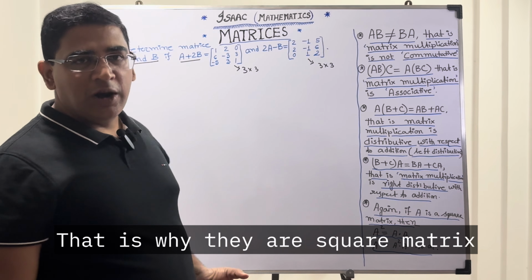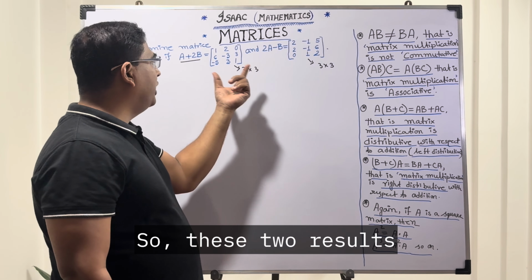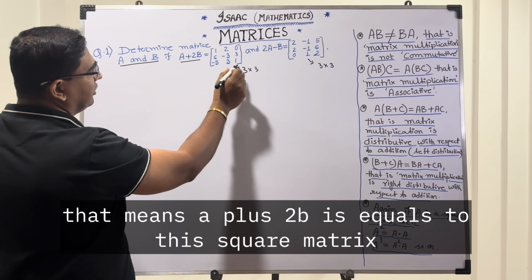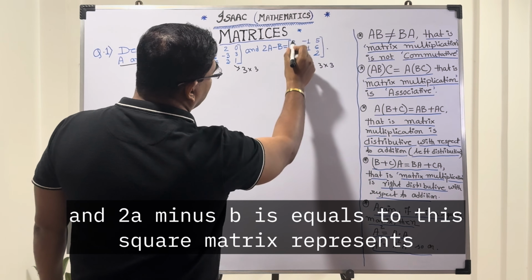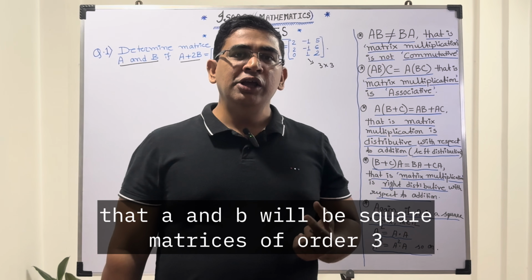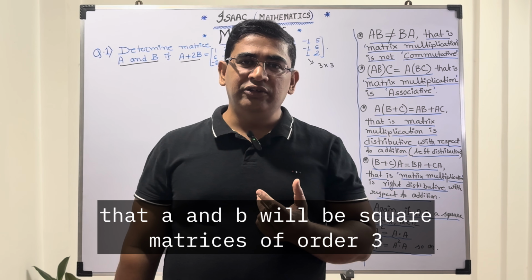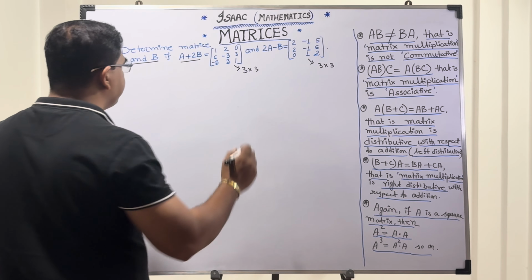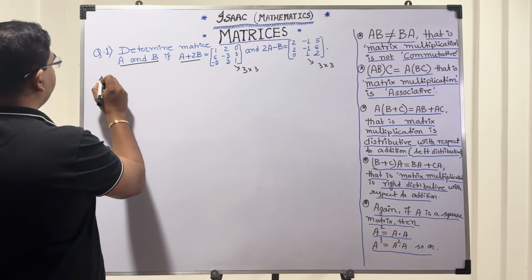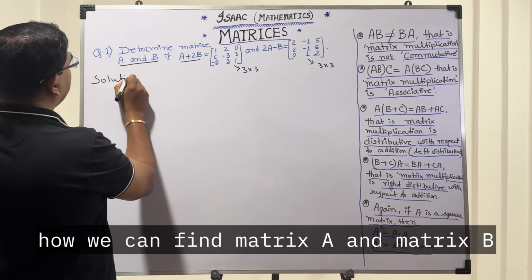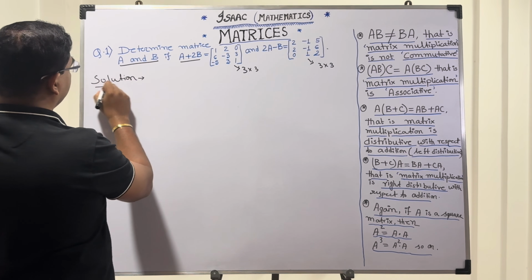That is why they are square matrices. So these two results, A + 2B equal to this square matrix and 2A - B equal to this square matrix, represent that A and B will be square matrices of order 3. So let us study how we can find matrix A and matrix B.